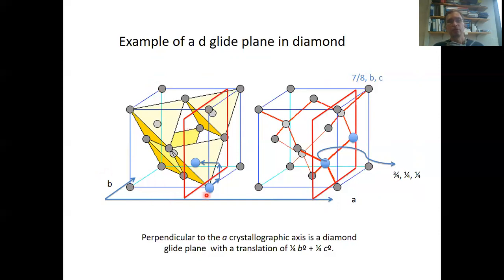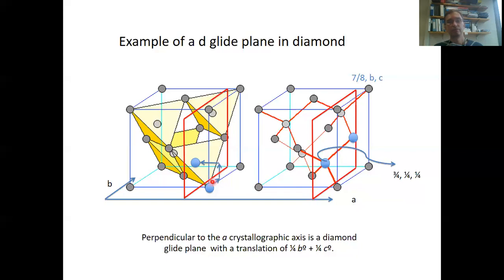Now if that symmetry element is present, then when we carry out that symmetry operation, the crystal structure after the operation must be indistinguishable from our original form. We can test that for 1 atom. Let's put ourselves on that atom. In this case, we translate a quarter into B direction, and then a quarter into C direction.